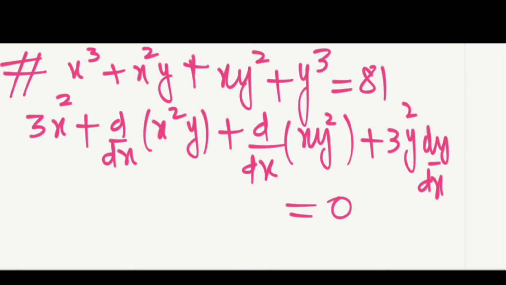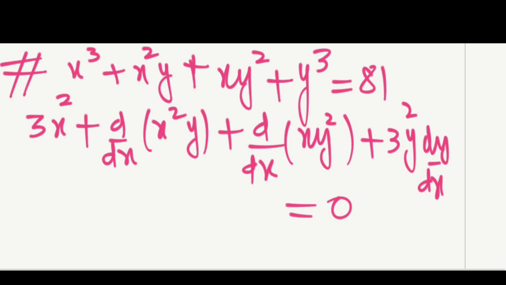So x cube, the differentiation becomes 3x square plus, now for x square y, because these are two variables, x and y, you remember the product rule, the UV rule, so it will be the derivative of x square y, the product of two functions x square and y.